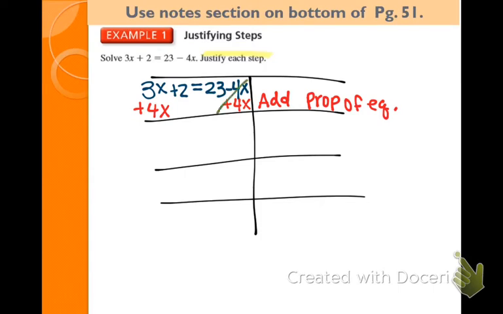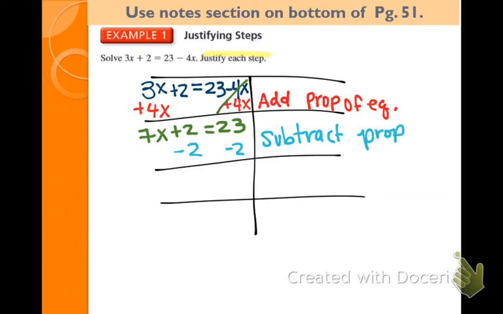Then we're going to bring things down. 3x plus 4x makes 7x. Drop down that plus 2 and that 23. What do I want to do next? Subtract the 2 on both sides, so that is the subtract property of equality.